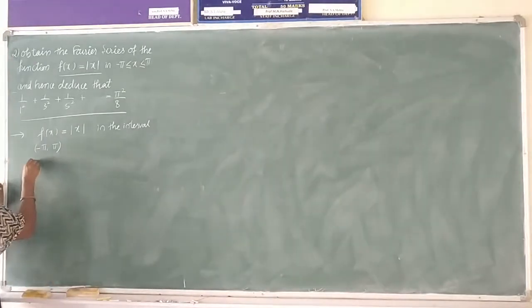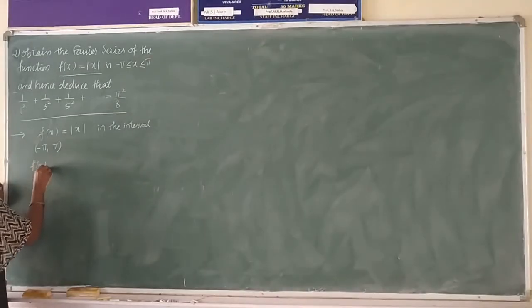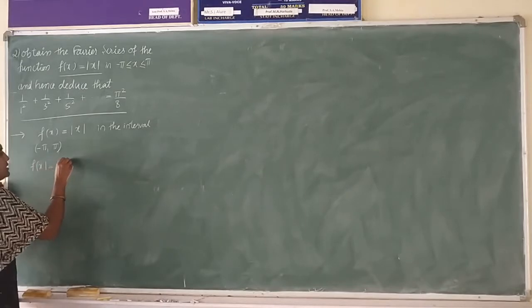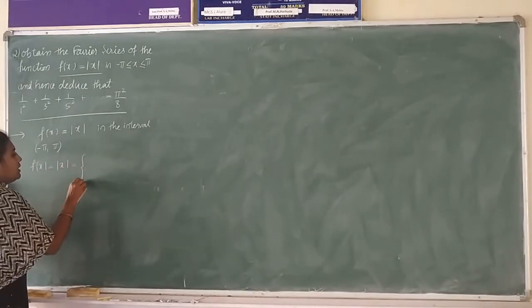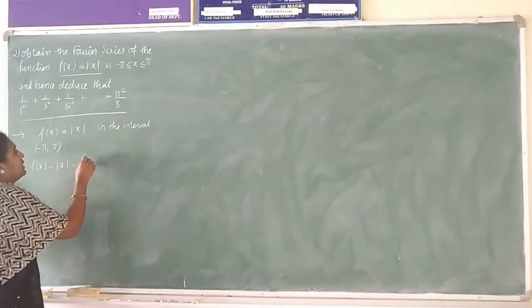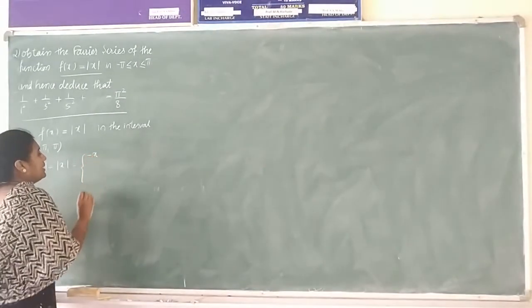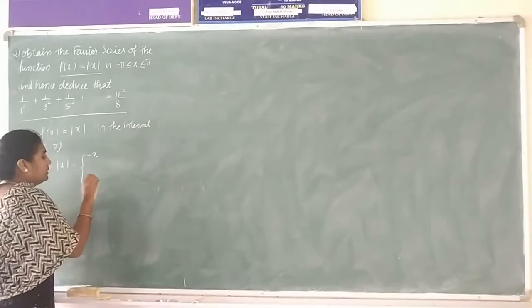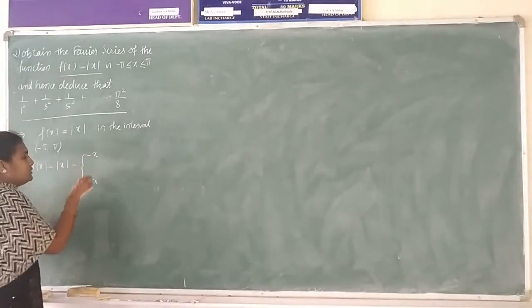Here f of x equals mod x, and you can write it as, mod means what? It contains negative and positive values. Let me write that one. It is minus x or it is plus x. Mod x contains both values.